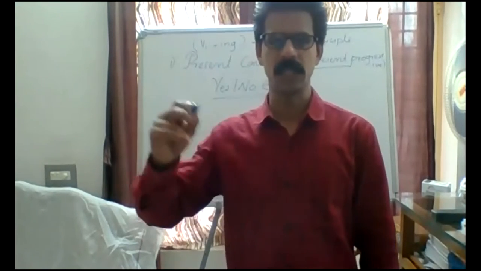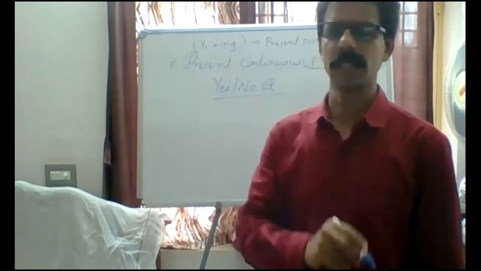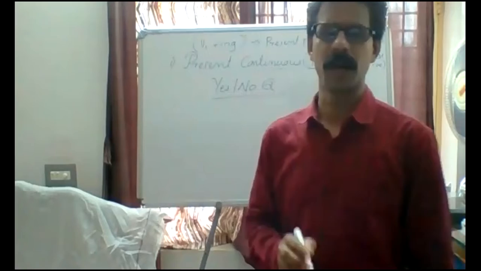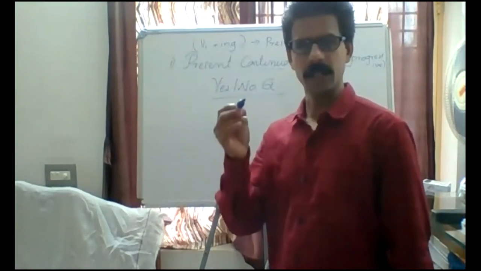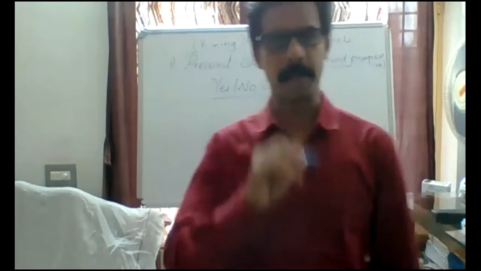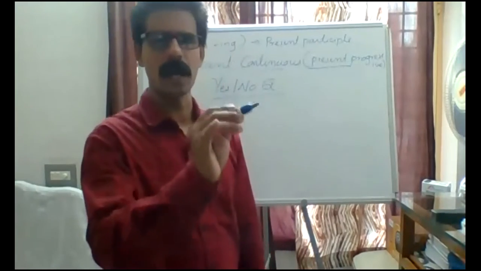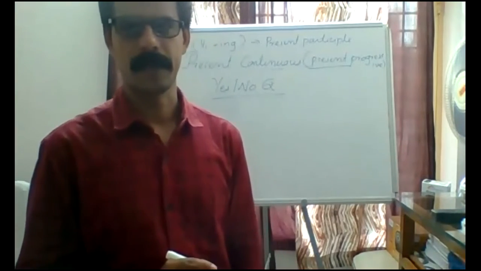There we placed will or shall at the beginning of the sentence, and we got a yes or no question. Here there are three helping verbs. What are the three helping verbs? One is is, another is are, next one is am. If we place these helping verbs at the starting of the sentence, it becomes a yes or no question.